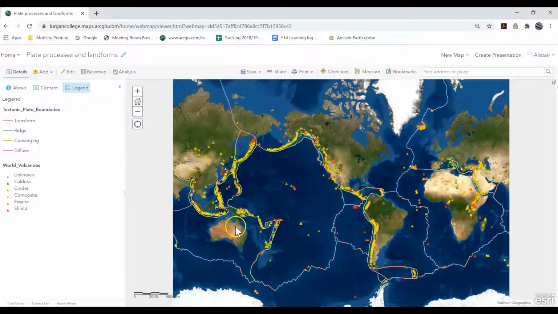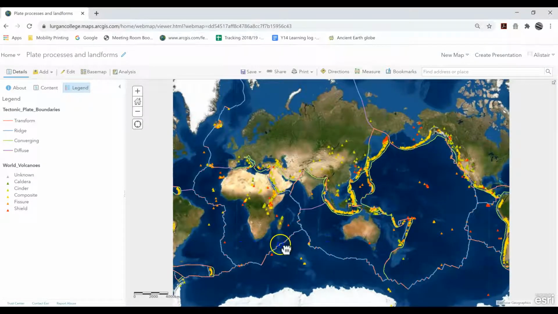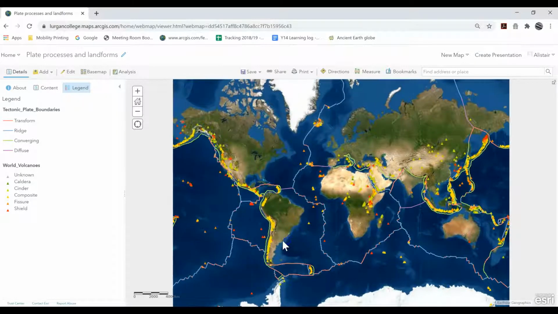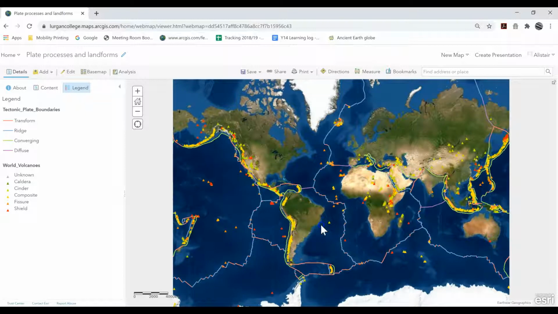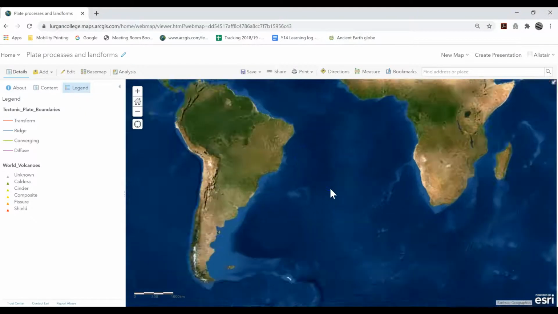So you can see here in the Pacific, the Pacific Ring of Fire, look at how many volcanoes there are around those destructive margins. And you really begin to pick up a pattern of where these features are in the world. The reason for that is I think this is a really good spatial context for you to have anyway, but it also means that let's say you get an exam question about the Southern Atlantic Ocean.